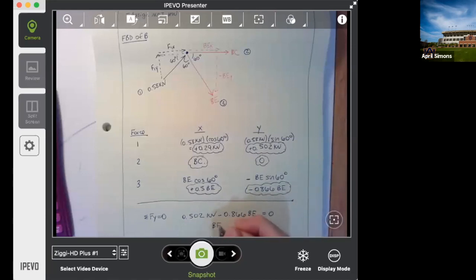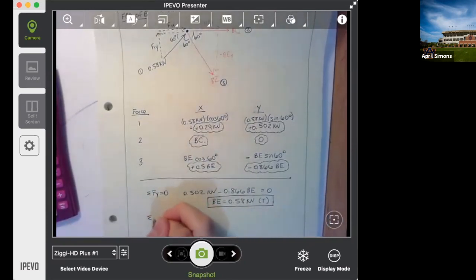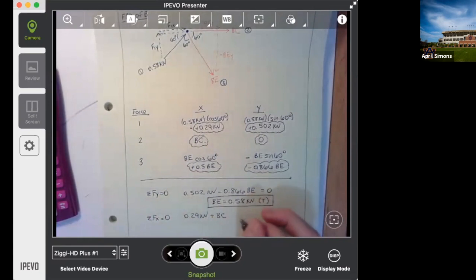So we get BE equals 0.58 kilonewtons. And that's in tension since it's positive. Now we can sum forces in the X equals 0. We have 0.29 kilonewtons positive plus BC plus 0.5 BE equals 0.